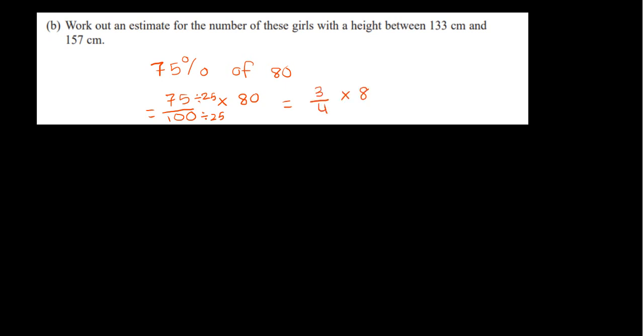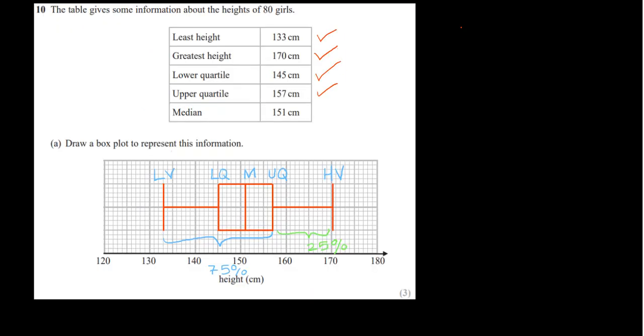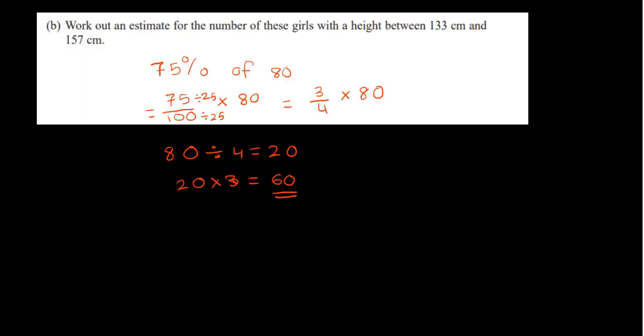So I'm going to carry on down here. 80 divided by 4 is 20, and 20 times 3 is 60. So an estimate for the number of people with a height from 133 to 157, that's going to be roughly about 60 people, because that's 75% of the data.